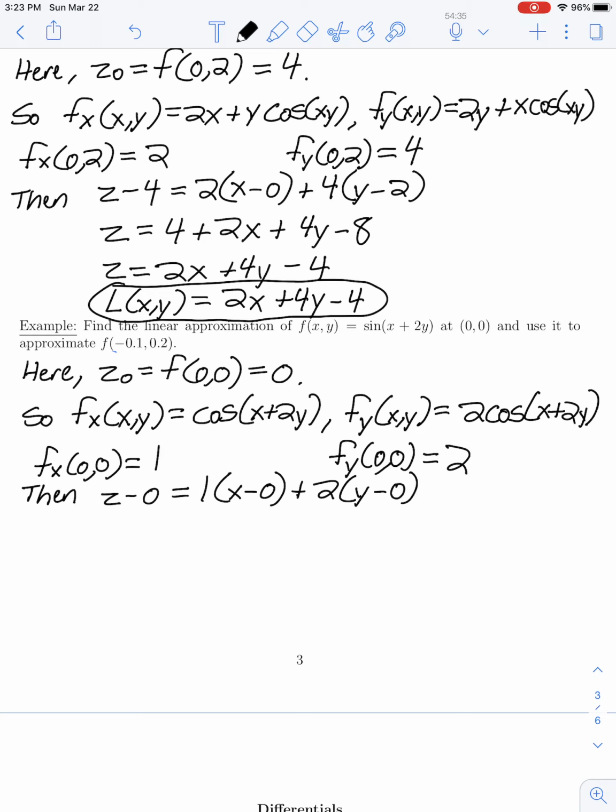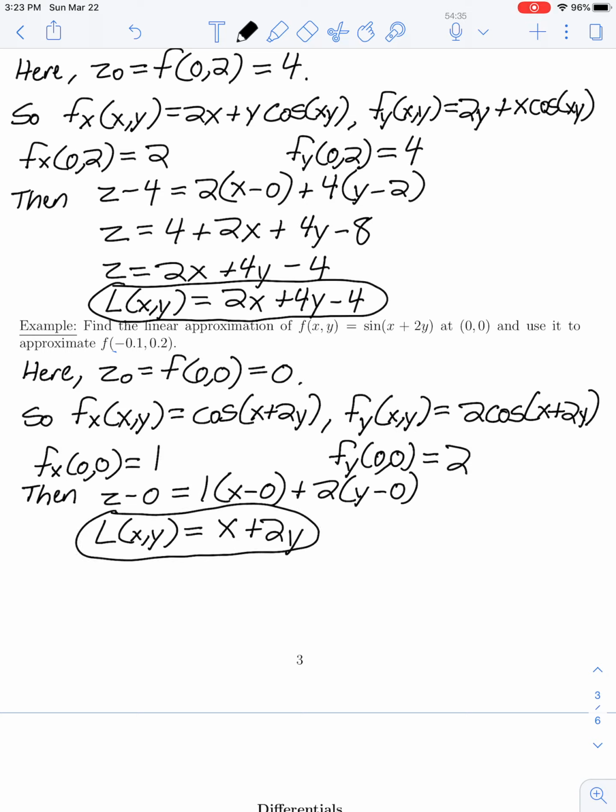So here we have immediately our solution for z, and we might call this linearization capital L of x,y, and in simplified form we just have x plus 2y.